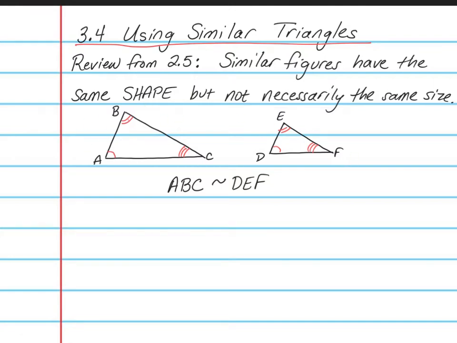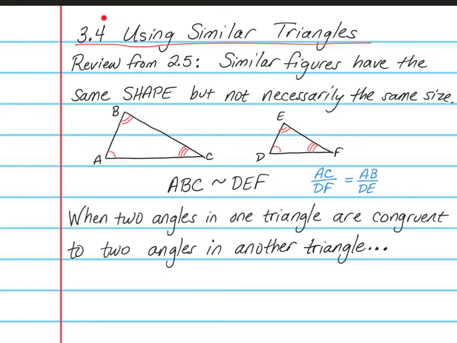We also learned back in section 2.5 that the side lengths are proportional. So the side length of AC over the side length of DF, for example, would be equal to the side length of AB over the side length of DE.